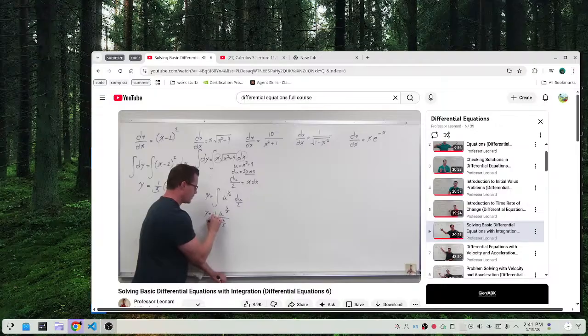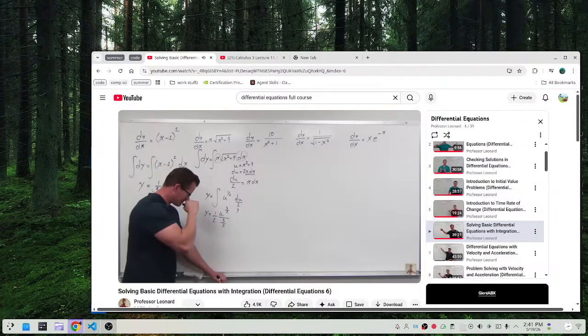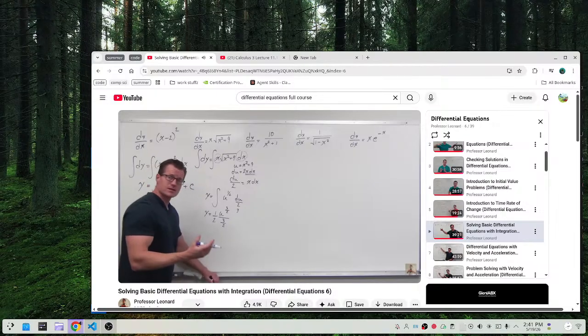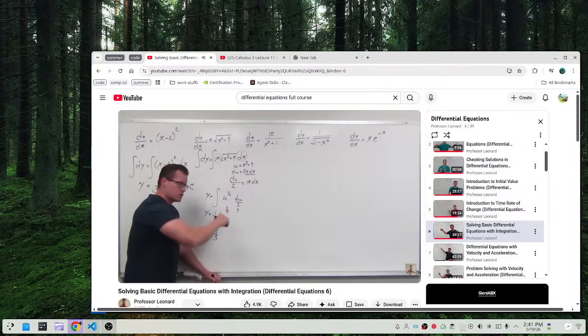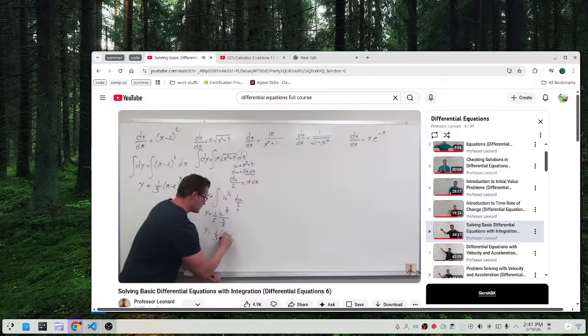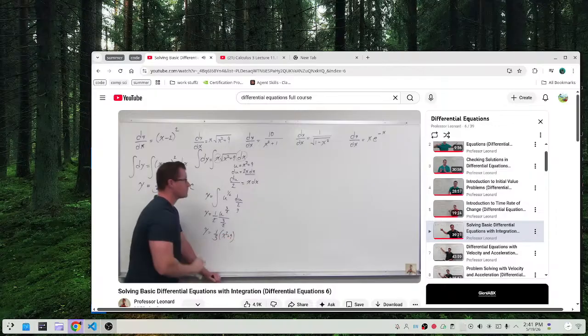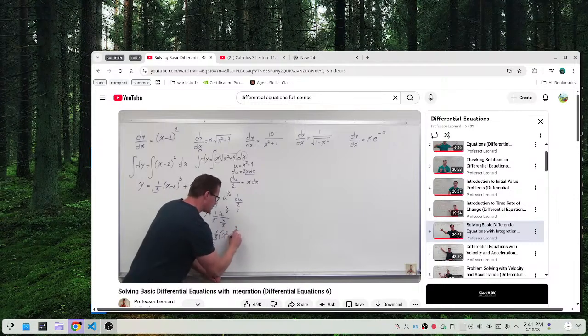But we had this 1/2 from right here. Well, these 2's are gone. We have y equals 1/3. Let's put our u back in there. x squared plus 9, but now this is to the 3/2 power.